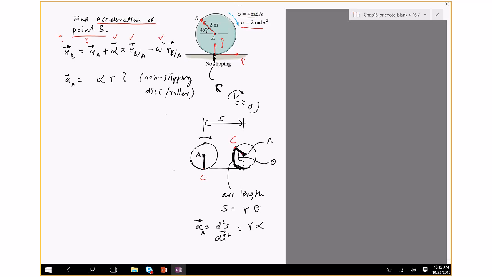The arc length here is S equals R theta, where theta is the angle swept when the disk rolls, but that is also going to be the distance moved by A, because no slipping. Okay, so that's just an aside.